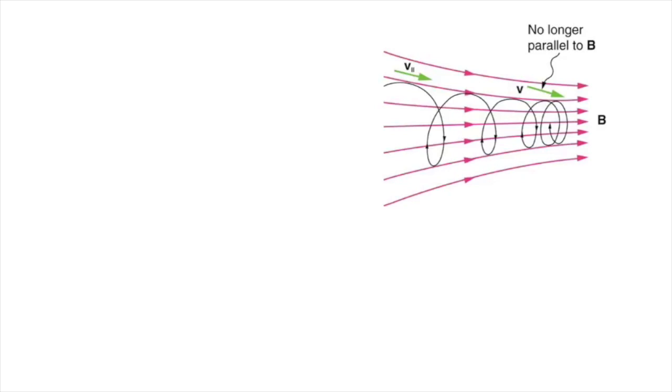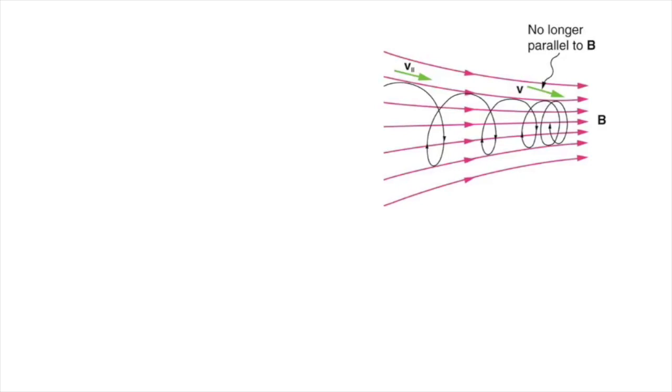Neither is it perpendicular. So it enters at some other angle. Now, let's see what happens in this case. In this case, what's going to happen is the velocity that's at an angle can be broken up into a component that's perpendicular to the magnetic field and another component that is parallel to the magnetic field. Are you with me?